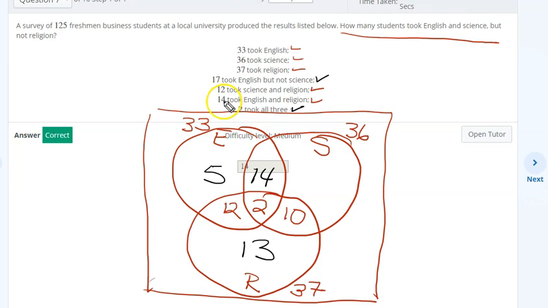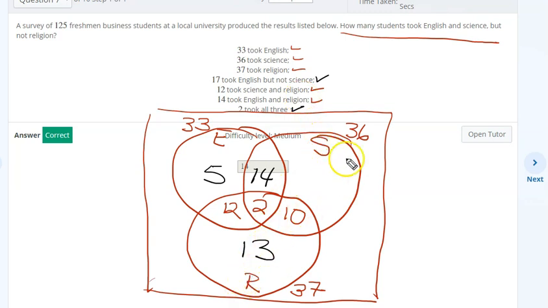Then I started here. 14 took English and religion. So English and religion are these two. I need a total here of 14. I have 2, so 12 goes there. I put a check there. 12 took science and religion.